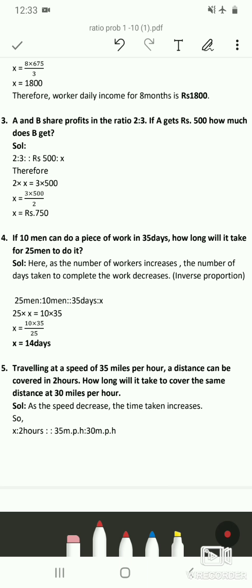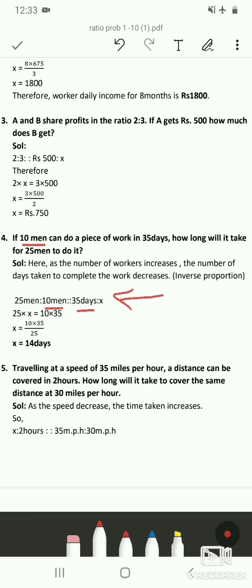For direct proportion, we used to write the given quantity in the antecedent part, but here you have to write the given quantity of the first ratio in the consequent part, whereas the second quantity should be in the antecedent of the second ratio.